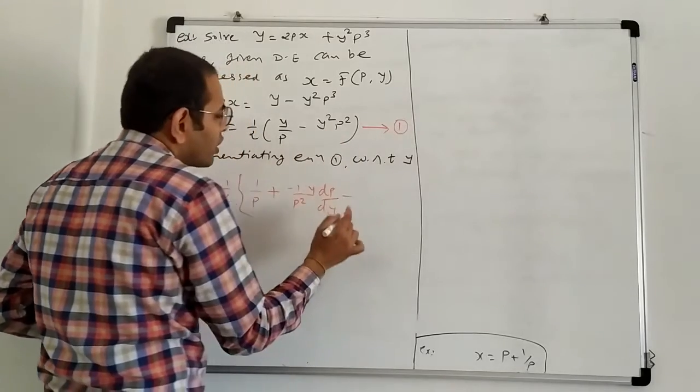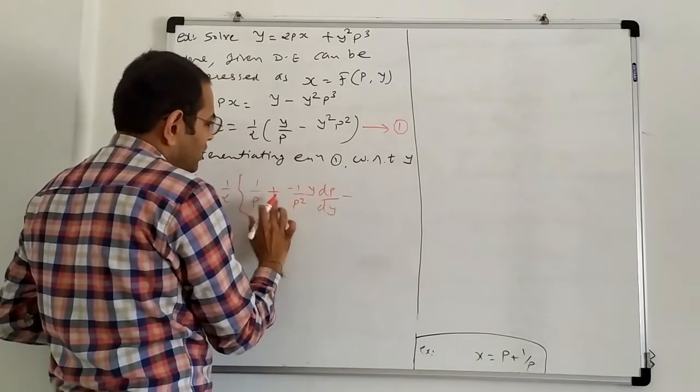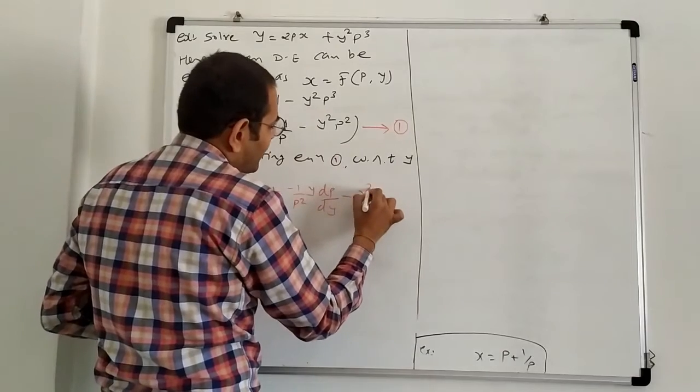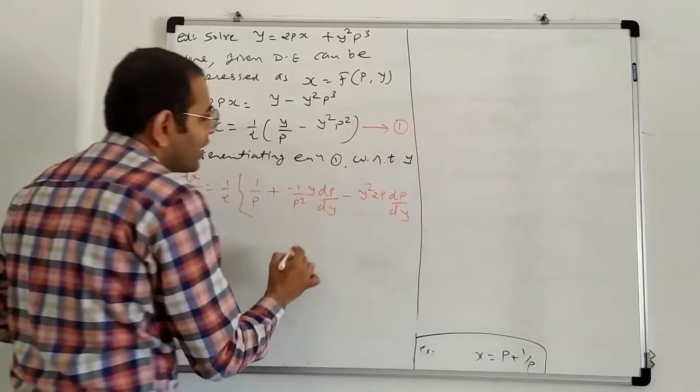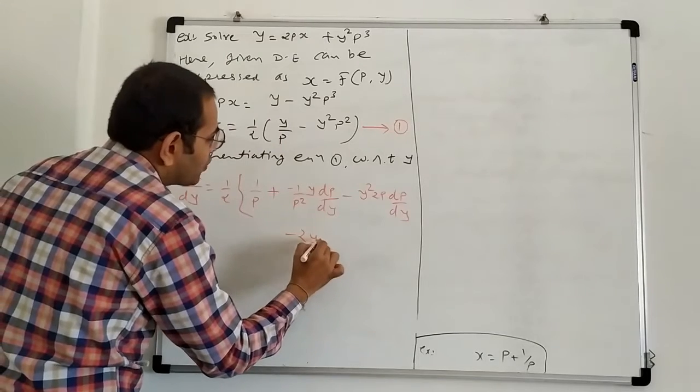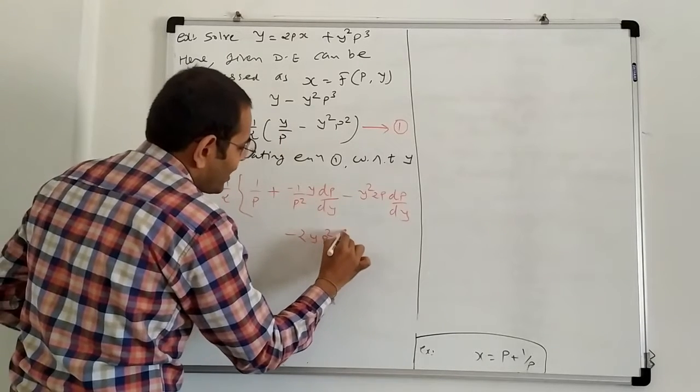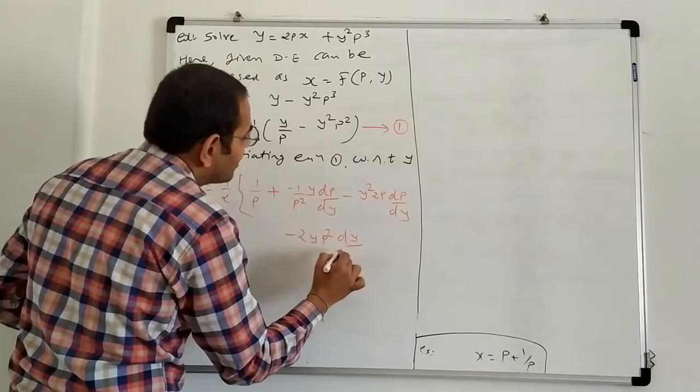Here again the product rule: minus y square 2p dp by dy minus 2y p square.